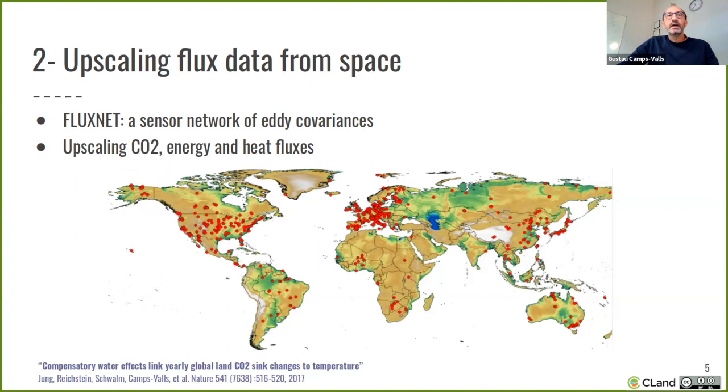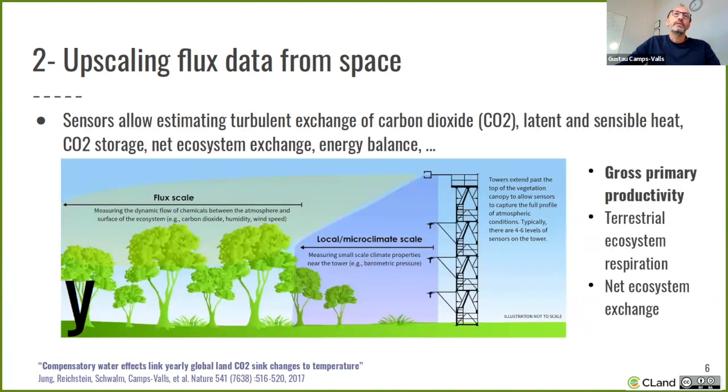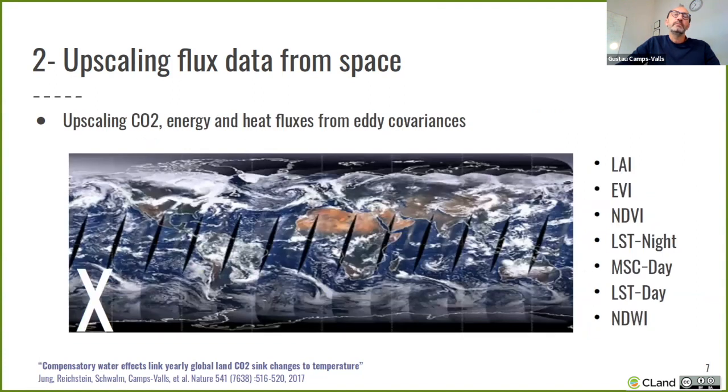So you have a good bunch of tower measurements here, accounting for CO2, energy and heat fluxes, and then, together with the MODIS observations, which have also been mentioned before, you can actually do this regression exercise.